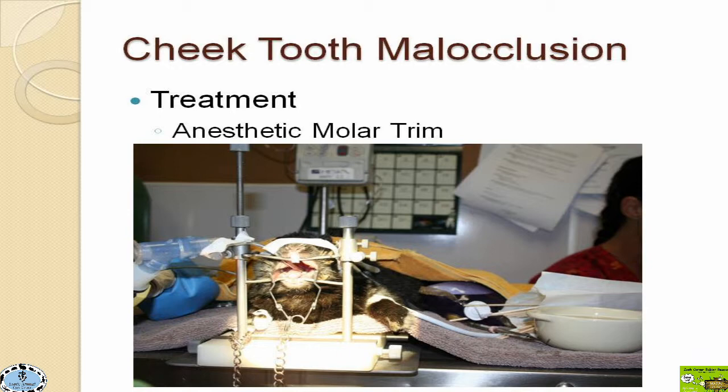We don't have rabbits on these things when they're awake because there's no way a rabbit would stay on something like that awake. Just to orient you guys, this apparatus here is the actual rack itself. He is laying on top of it, and his upper incisors are on the upper portion, lower incisors are on the lower portion. He has a little cheek spreader, so it's spreading those cheeks nice and open.